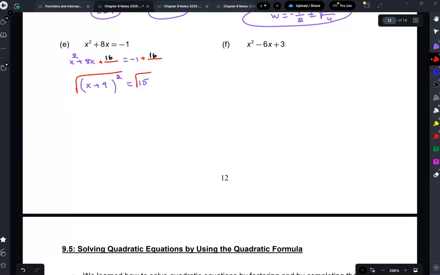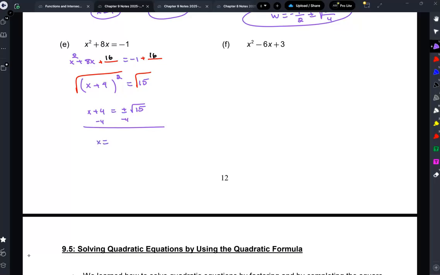Square root, x plus 4 plus or minus root 15. Let me tell you, about 70% of people forget the plus or minus. Okay? So now the root didn't go away. So I just subtract 4. And I have this.